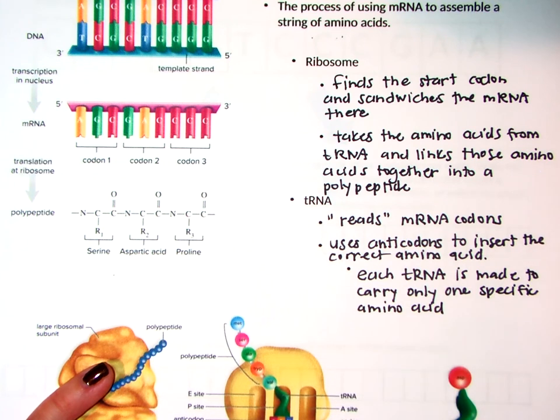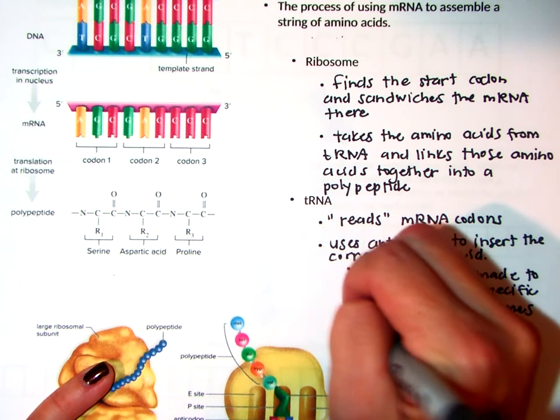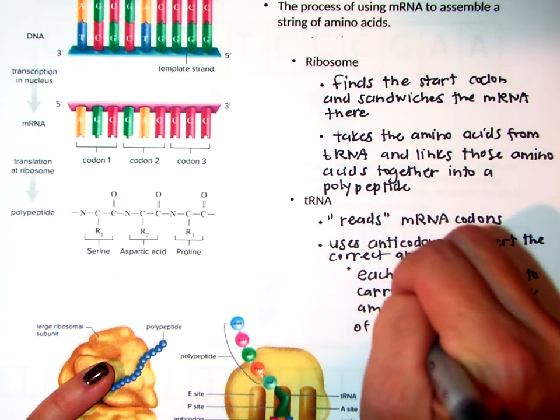And how many types of amino acids do we have? We have 20, which means there are 20 types of tRNA.